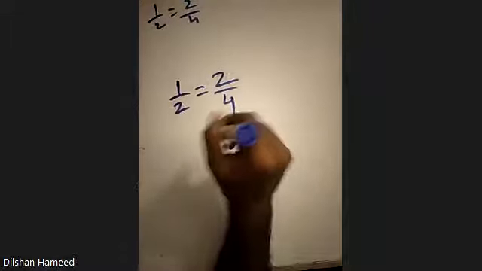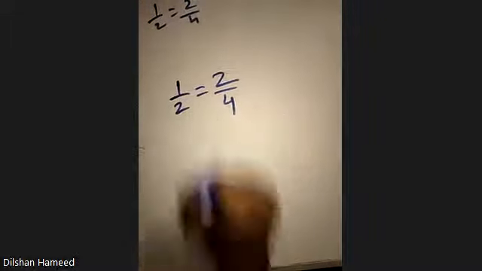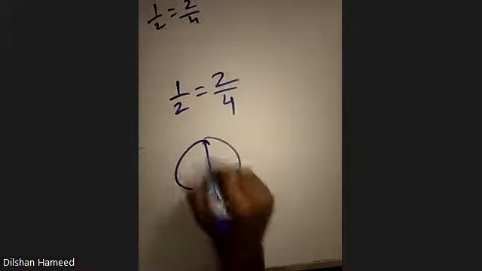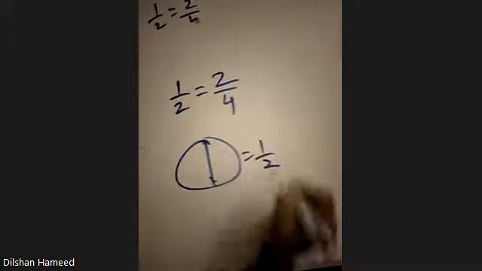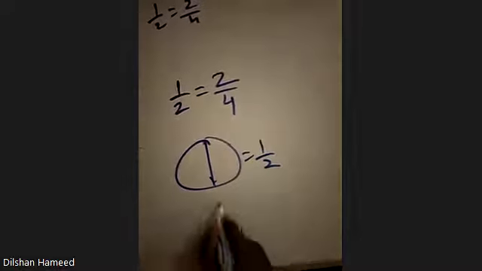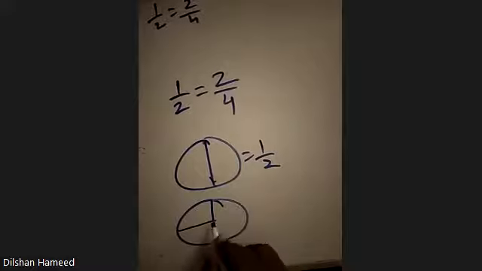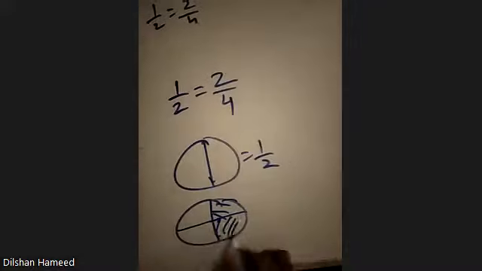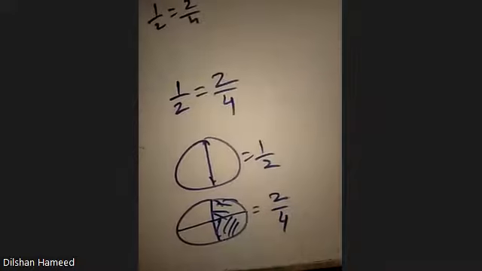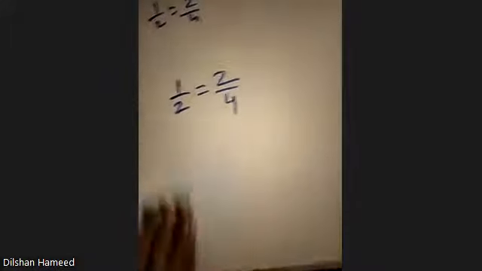2/4 of the pizza. That means he also ate half of the pizza. You ate half of the pizza, which is one half, and your friend ate 2/4 of the pizza. So out of that, he ate these 2. So it is also half. You call it 2/4, right? So these both are equal. So 1 upon 2 and 2 upon 4, you call it equivalent fraction.